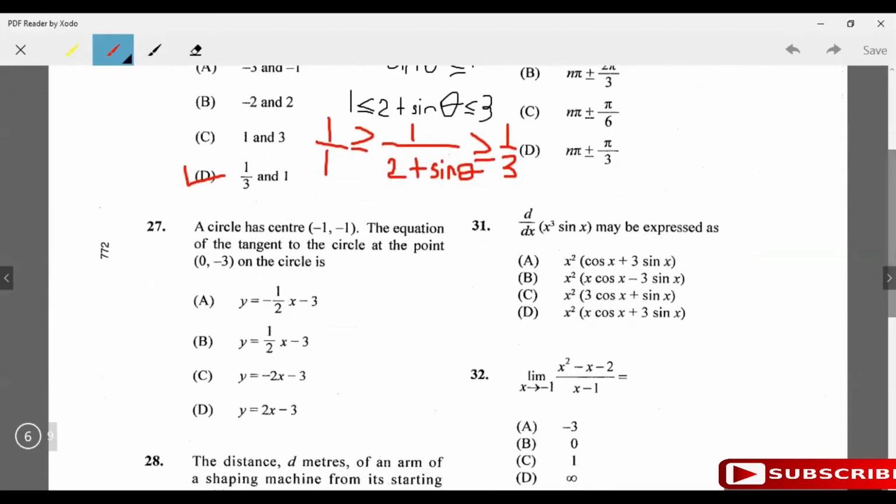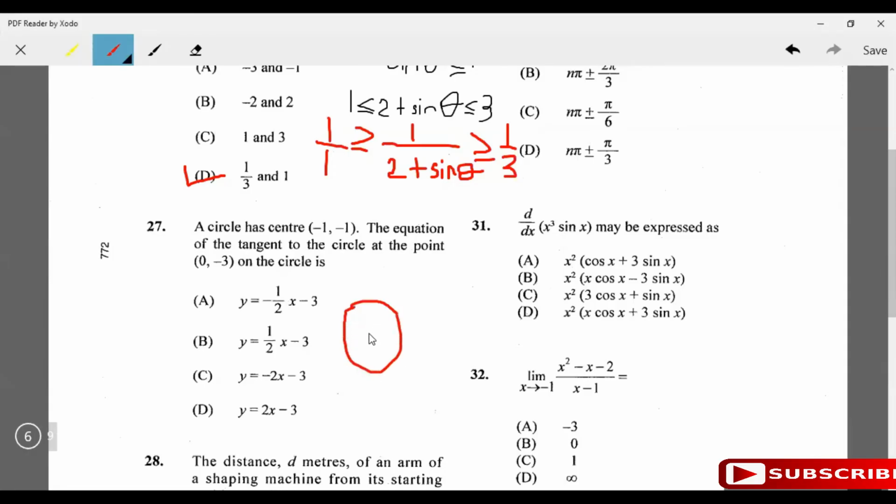All right? Question 27. It says a circle has center -1, -1, and the equation of the tangent to the circle is at 0, -3. So we have a circle, and the center of the circle is -1, -1.